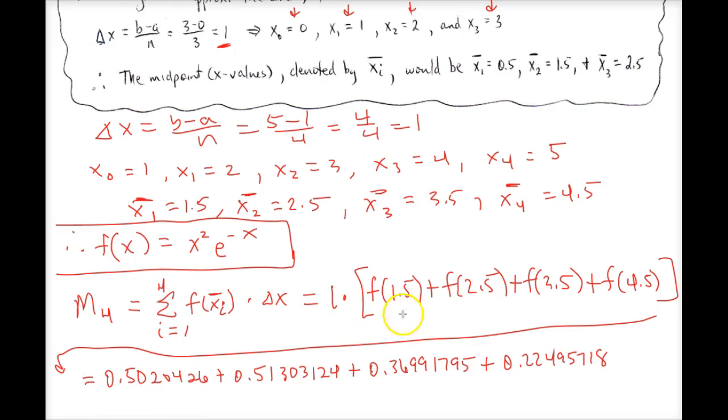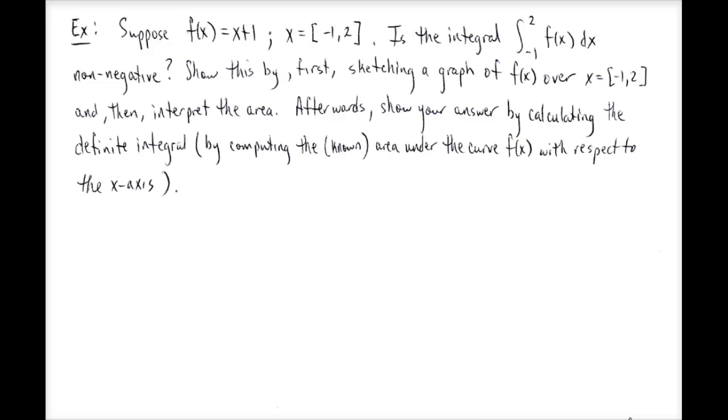Of course, all that's being multiplied by 1, so we really don't care about all that. And at the end of the day here, all this adds up to 1.60994897, which approximates to 4 decimal places, 1.6099 square units.